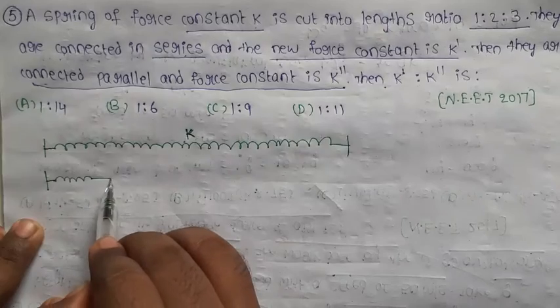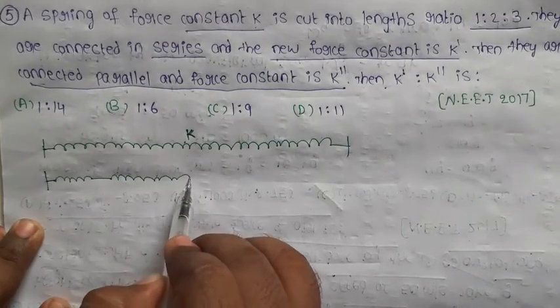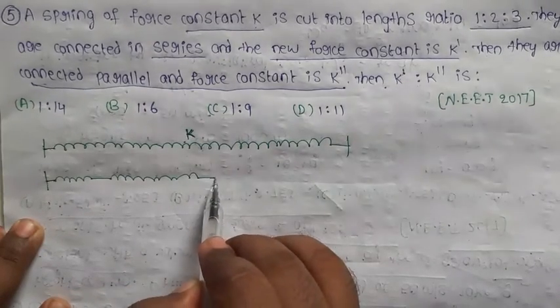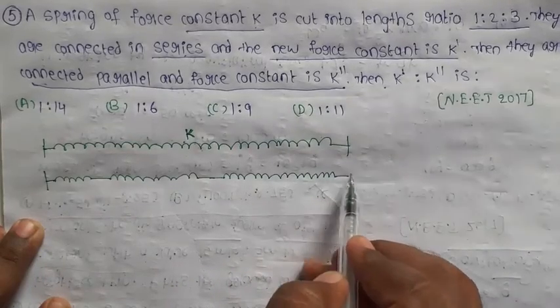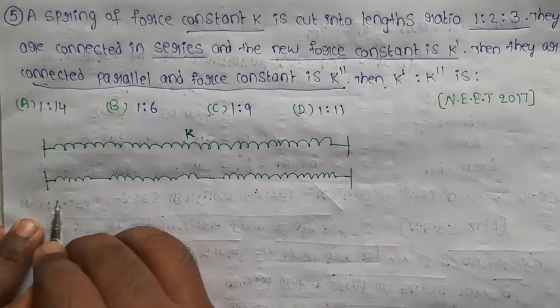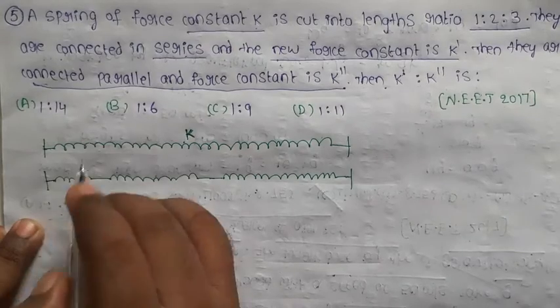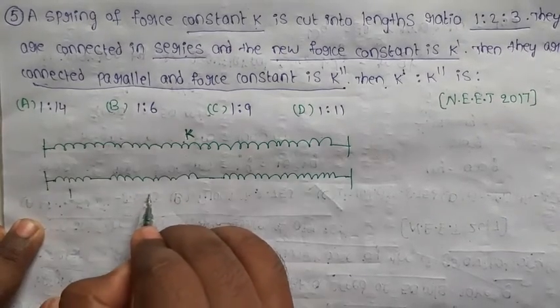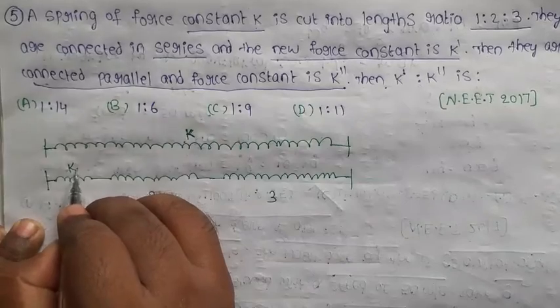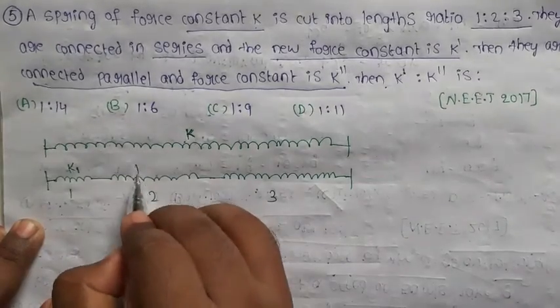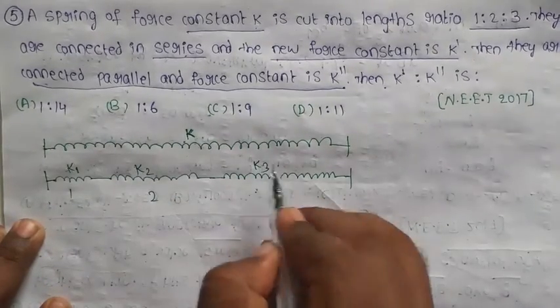This is the first spring, this is the second spring, this is the third spring. So 1:2:3. Here spring constant values k1, here k2, here k3.